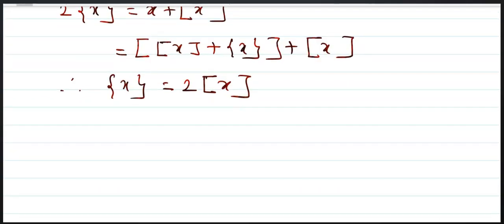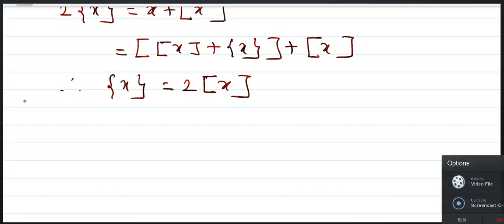If we simplify here, the right side gives us 2 times the integral part of x plus the fractional part of x.